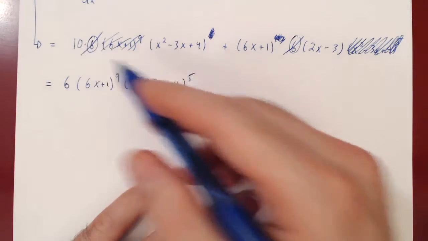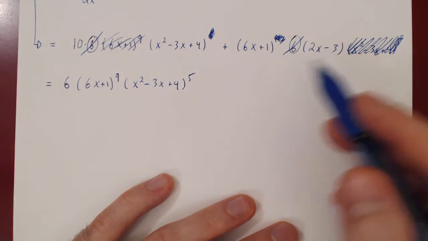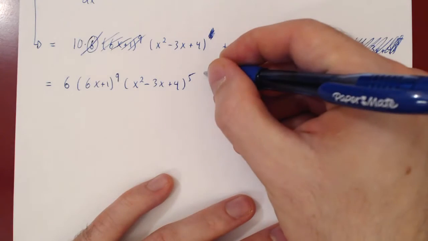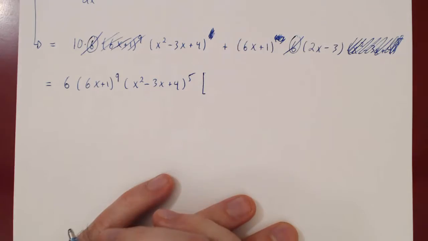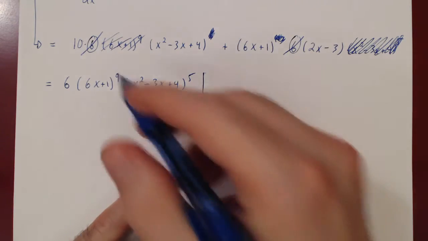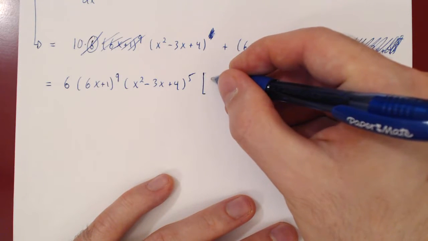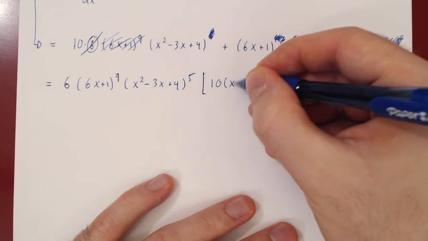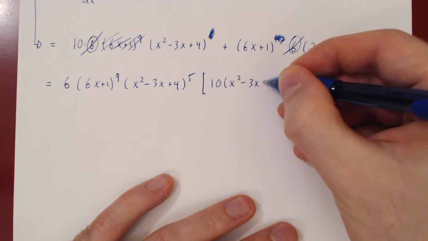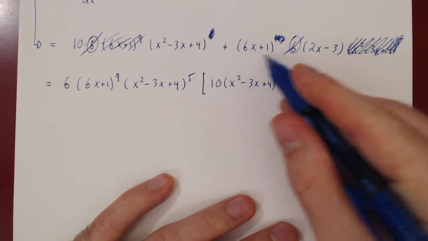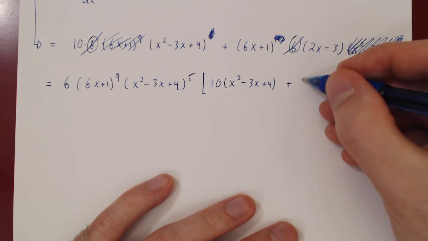There's a single 10. There's no constant term here. There's the quadratic, and it's not here. So now we've factored all we could. And we're left with the two leftover terms. 10 times the quadratic plus (6x plus 1) times (2x minus 3).